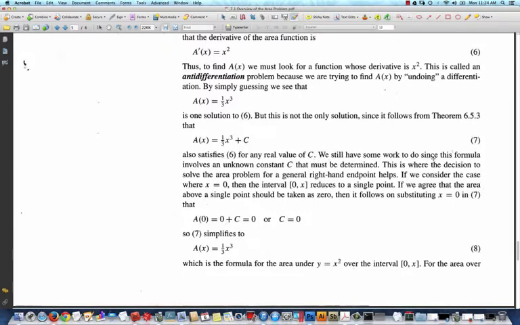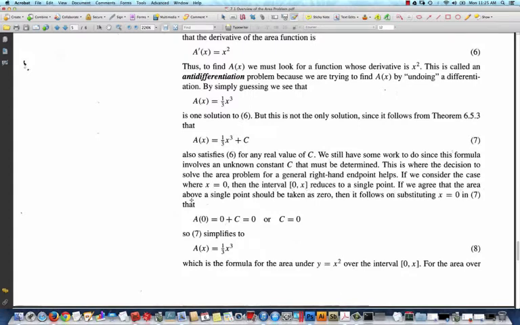We still have some work to do, since this formula involves an unknown constant c that must be determined. This is where the decision to solve the area problem for a general right-hand endpoint helps. If we consider the case where x equals 0, then the interval 0 to x reduces to a single point.